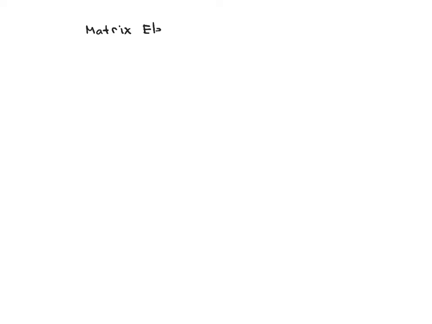When we talk about matrix elements, by definition, you pick some basis, and if you've got some operator, any operator, which we'll call A hat, the matrix element A sub nm is defined.